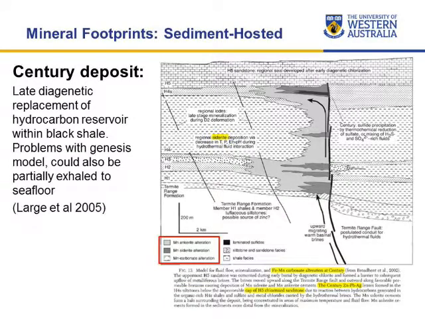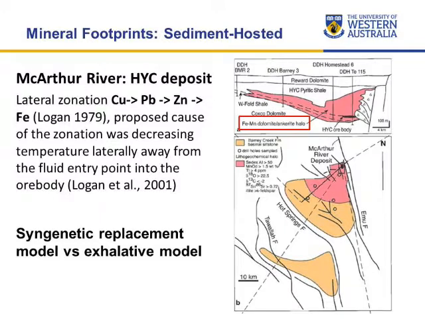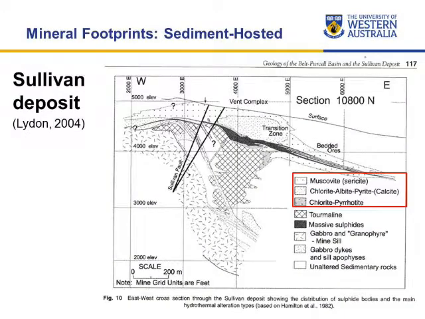Century deposit has manganese ankerite and manganese siderite alteration proximal to the deposit. Same here is Lady Loretta. Sullivan has muscovite, sericite, chlorite, albite alteration on top of the deposit, which is kind of odd considering that Sullivan is considered a classic exhalative deposit.